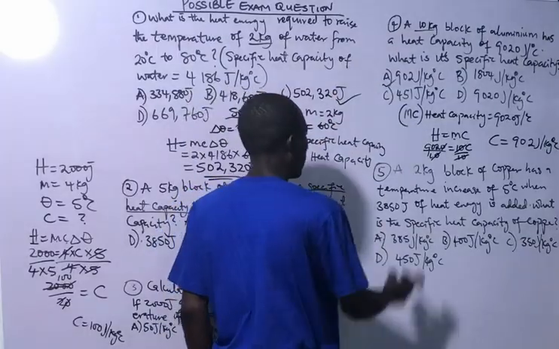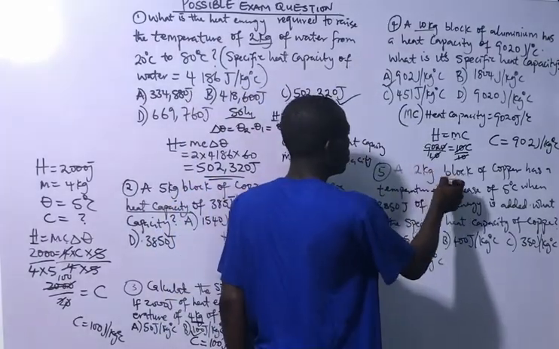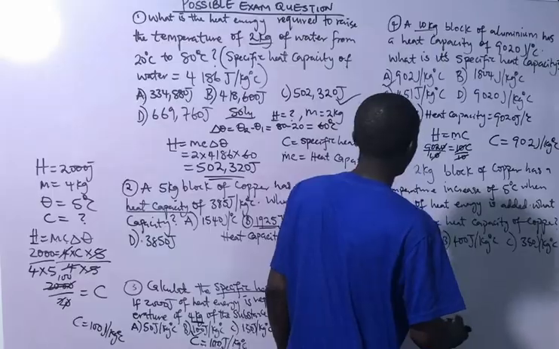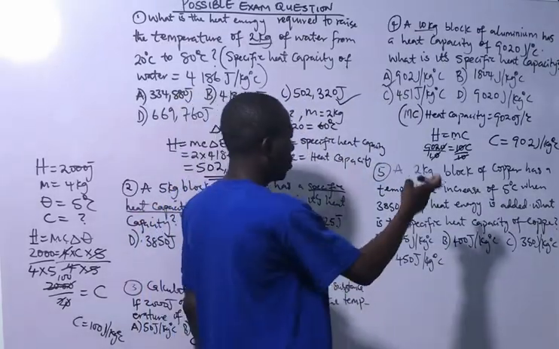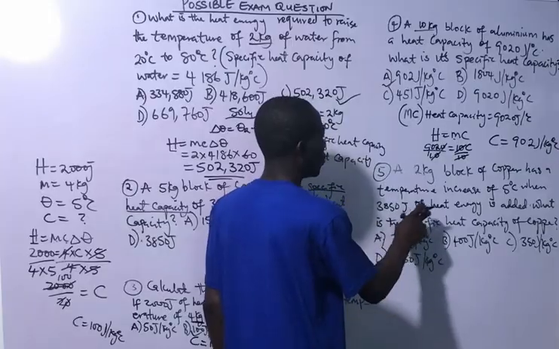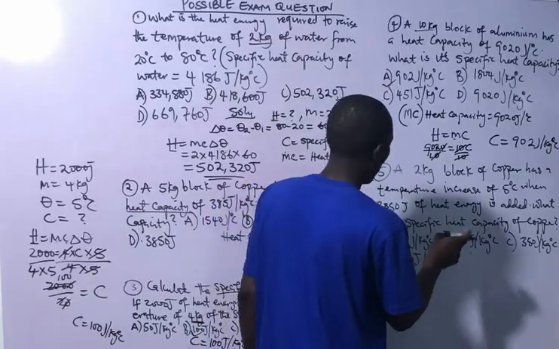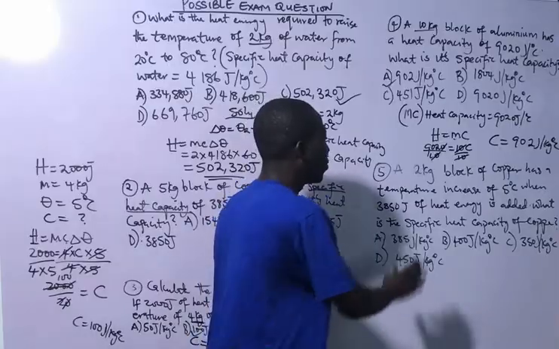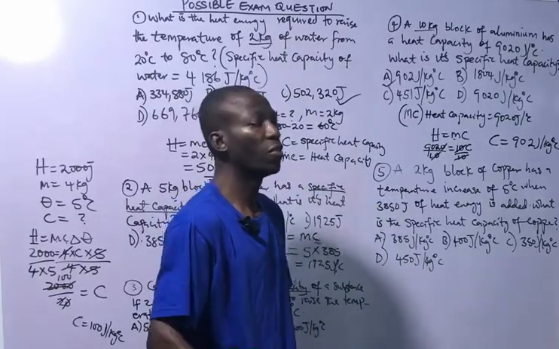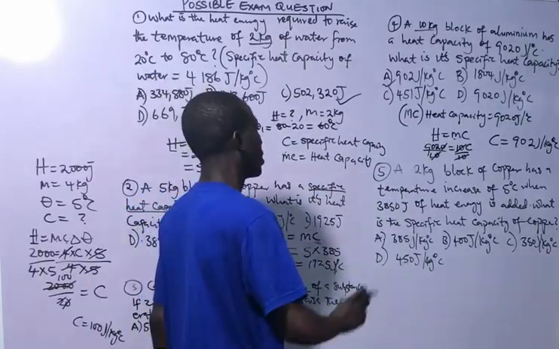All right, let's look at number 5. We have a 2 kilogram block of copper that has a temperature increase of 5 degrees Celsius when 3850 joule of heat energy is added. What is the specific heat capacity of copper? So the first thing you have to do is to write down the given parameters.